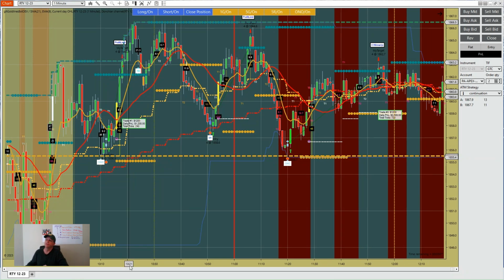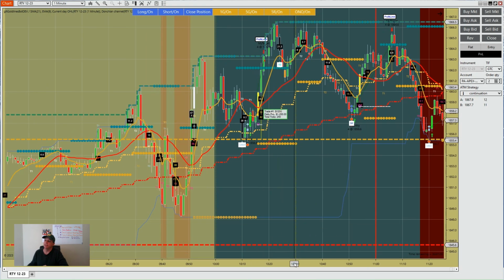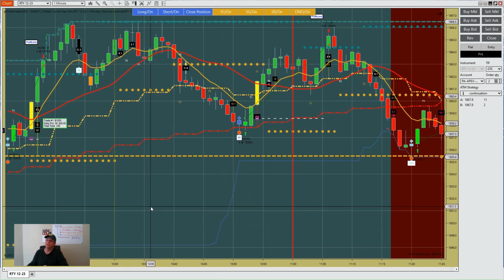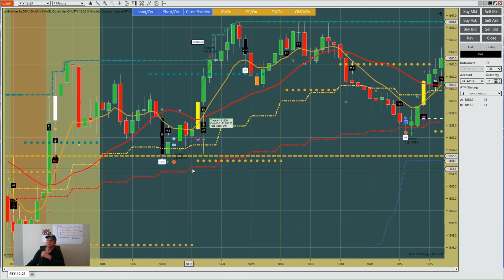What you have on here for conversational purposes is this red line that moves and creates a spot every 5 minutes. That's your 21 SMA right here, your 5 minute red line, which is a directional indicator.